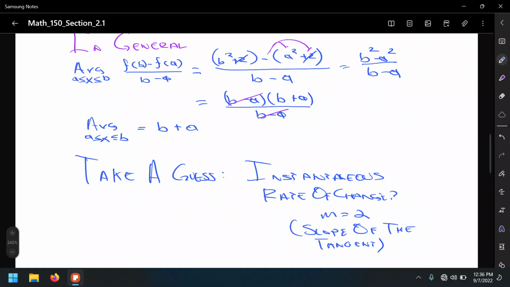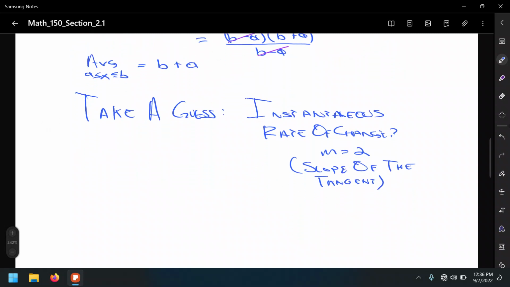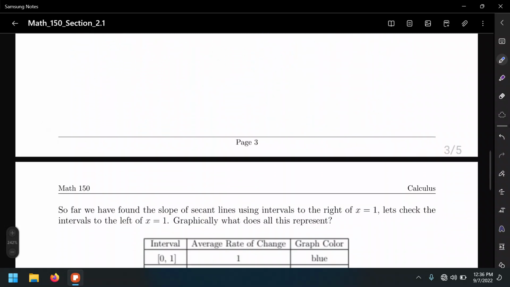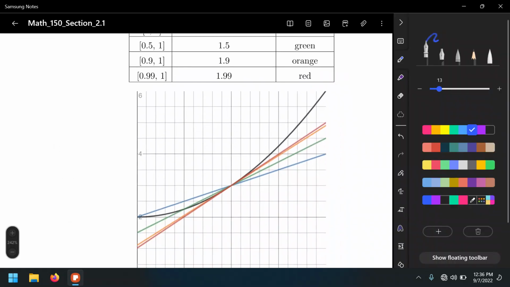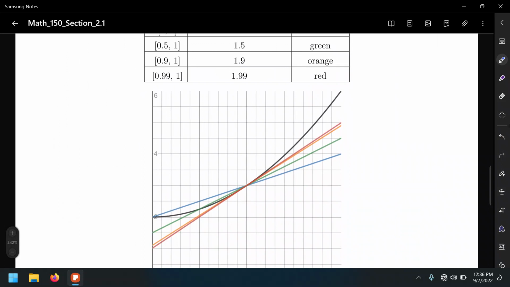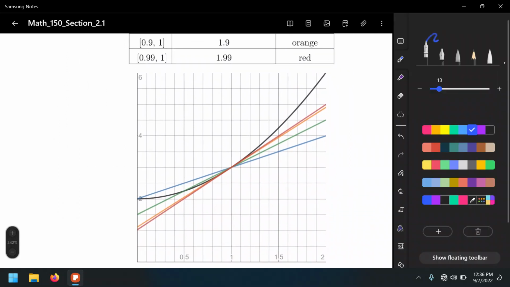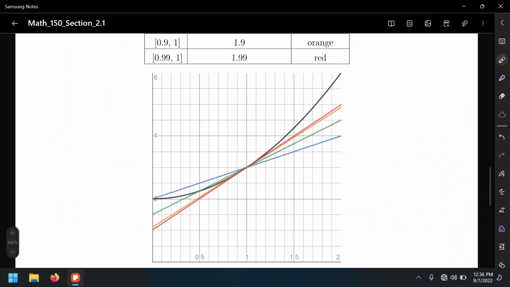Alright, so let's put this on a graph. So what do we have here? Let's go to the next page. And we have the graph. This curve in black here is the graph of f of x, or y equals x squared plus 2, which is a parabola shifted up 2 units.